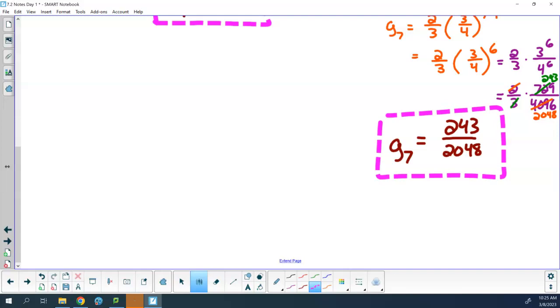And that, you may not believe it, but that is much cleaner than 0.11865234. Okay? You got to get to love them.